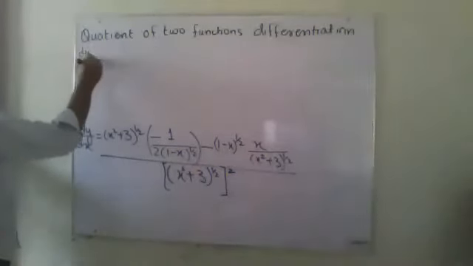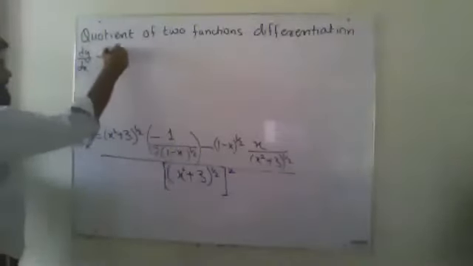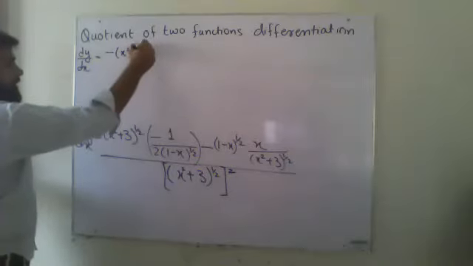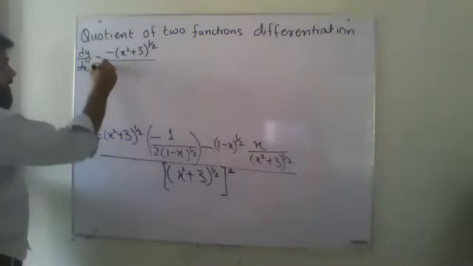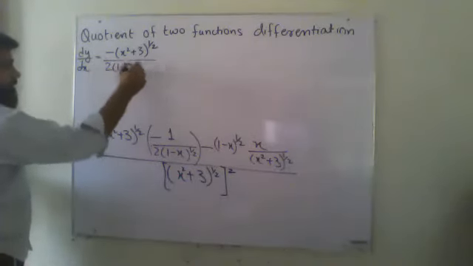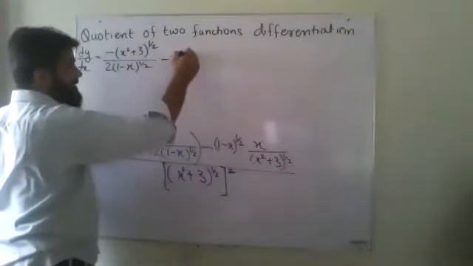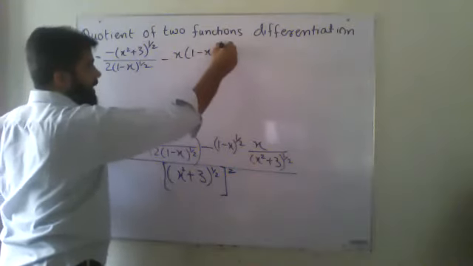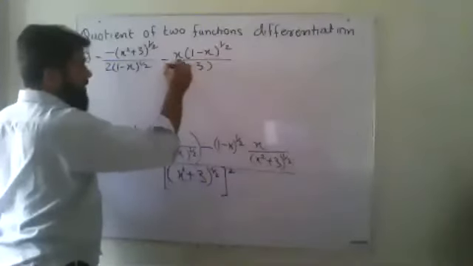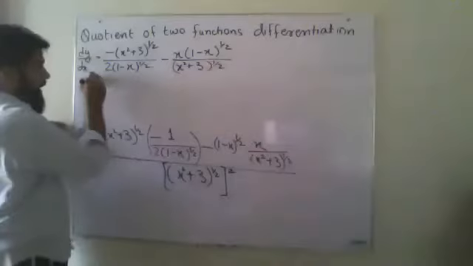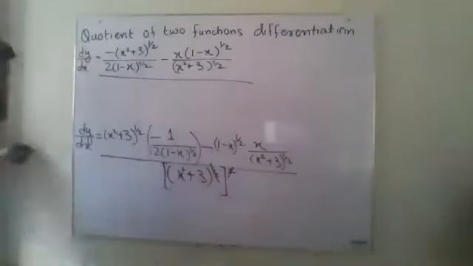dy over dx equals, simplifying this, minus (x squared plus 3) power half over 2 (1 minus x) whole power half, minus x (1 minus x) whole power half over (x squared plus 3) whole power half, upon, now the square and half power will be cancelled.